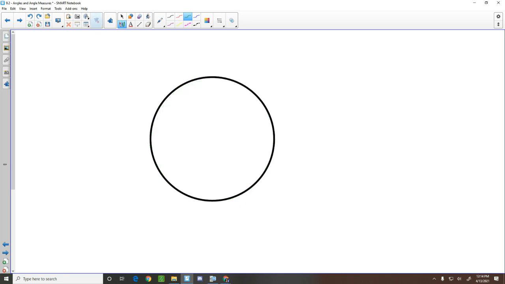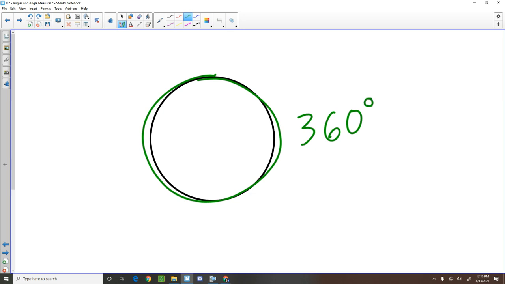And for some reason, that doesn't actually make sense. If you ever stop to think about it, why did someone decide that we should split a circle up into 360 different pieces and call each one of them a degree? Why would they use the number 360?